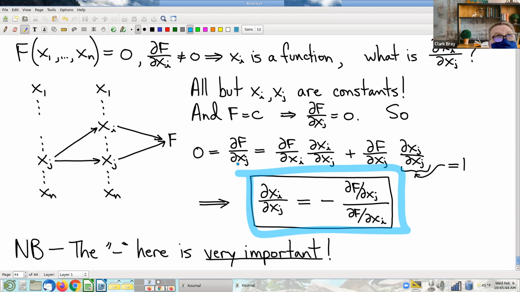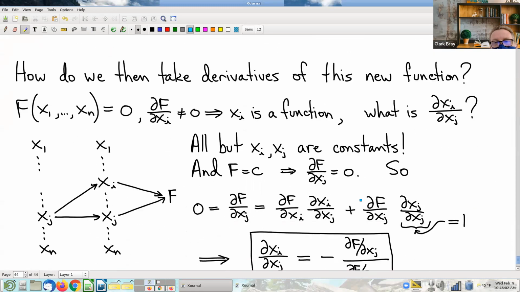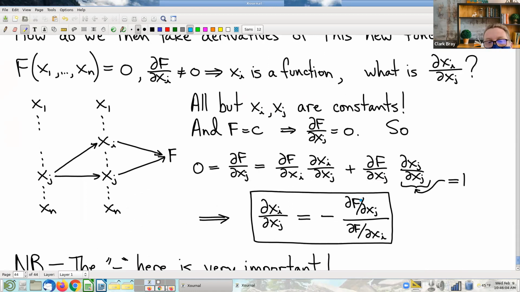The variables are going to have all different names. The good news is that there's a super convenient memory tool. Like, wait a second, I'm taking a partial of x with respect to z. So which one of these is my xi and which one is my xj? Super easy memory tool.